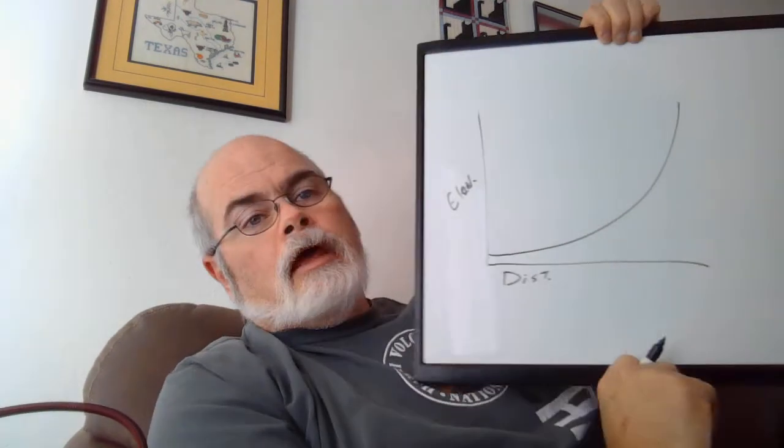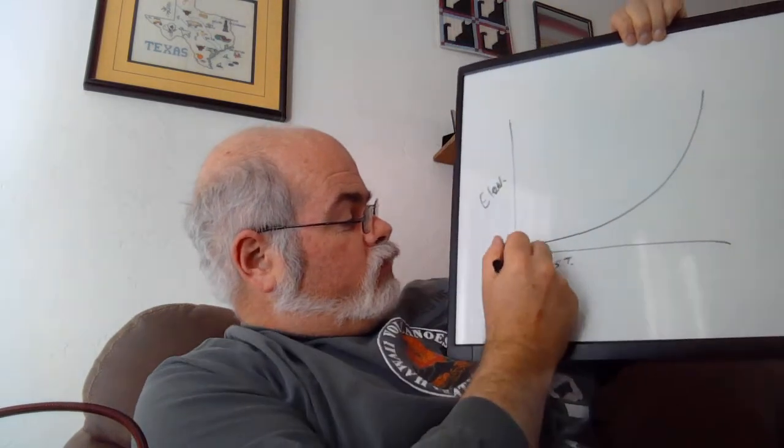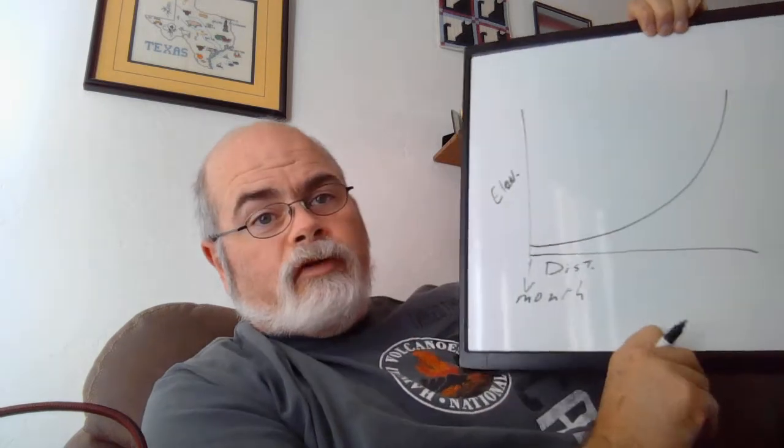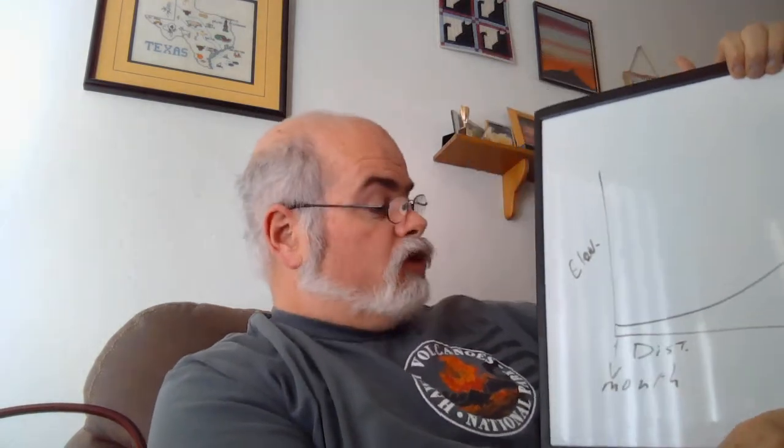And I'm just going to sketch it out here, but generally speaking, it looks something like this, where this is going to be distance down here, and this is going to be elevation here. Okay, so this point right here is going to be the mouth of the system. So it's where it's discharging. This could be into another river, it could be into a lake, or into an ocean.